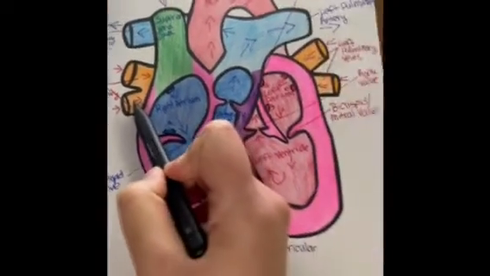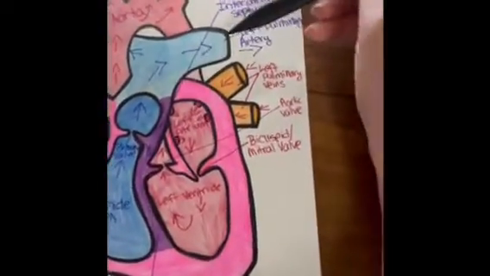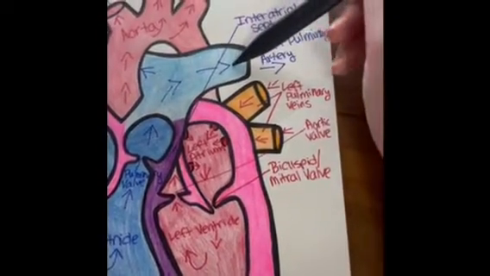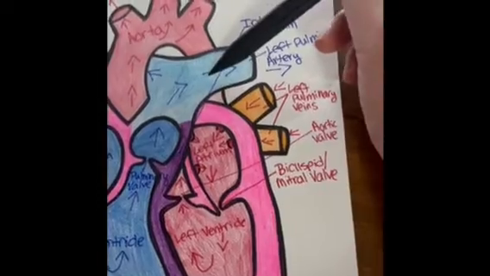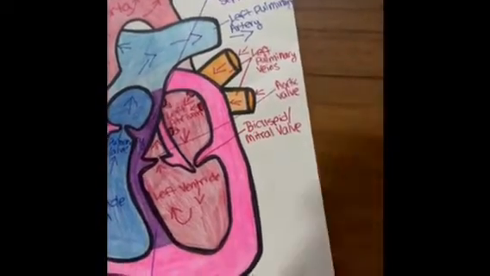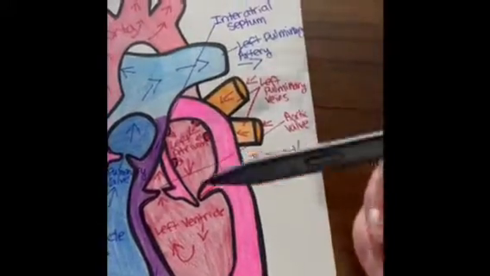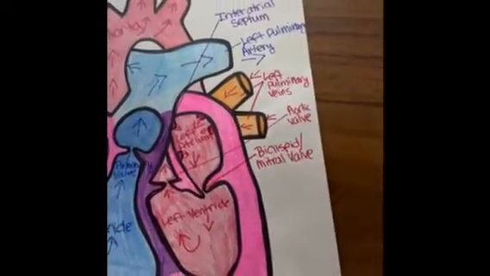Now, the same thing will happen on the left side simultaneously as the right side. So the left pulmonary artery leads the deoxygenated blood into the left lung, which is somewhere over here. Take our breaths in.